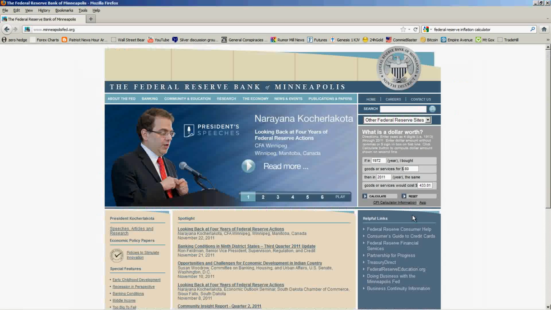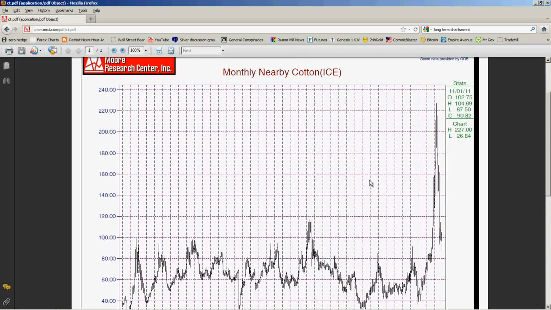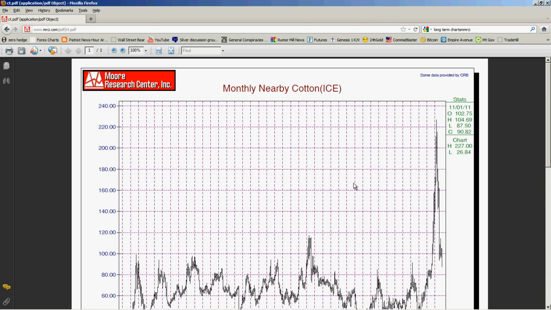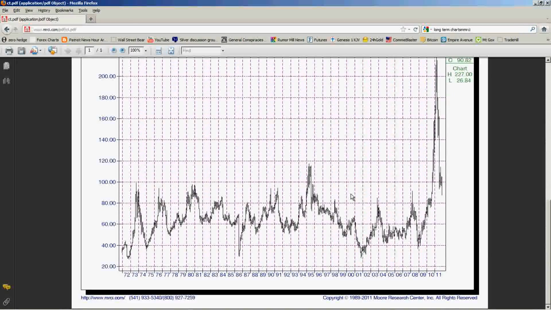But we're talking about $433. That's a price we haven't even hit half of. So again, the commodities are still very underpriced for the amount of money that's been printed, even just based on the Fed's inflation figures. We're not even looking at the QE figures and all the other crazy money printing that's gone on since the 2008 crisis.